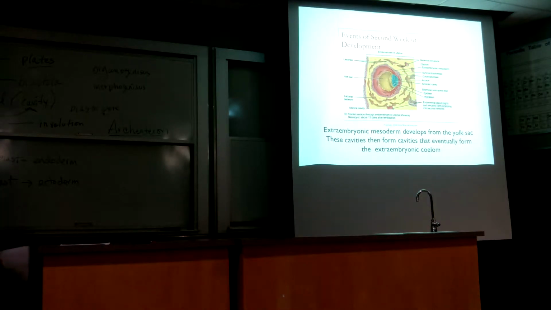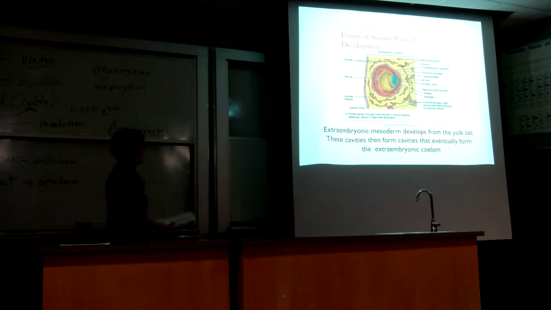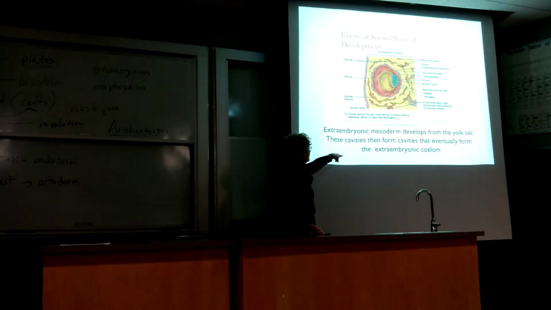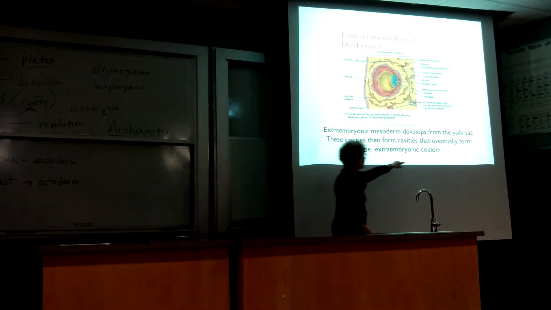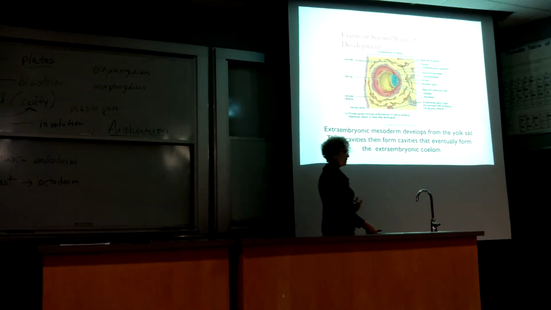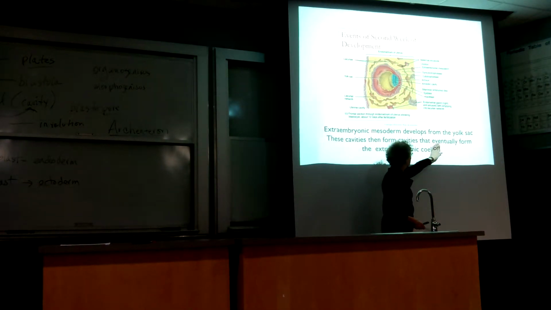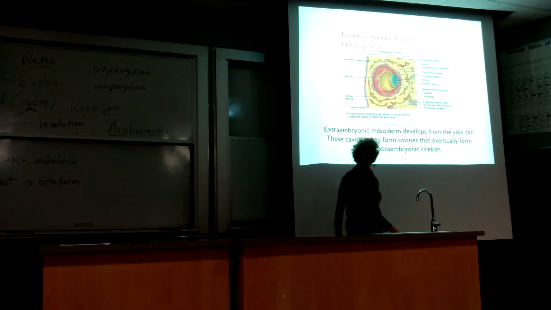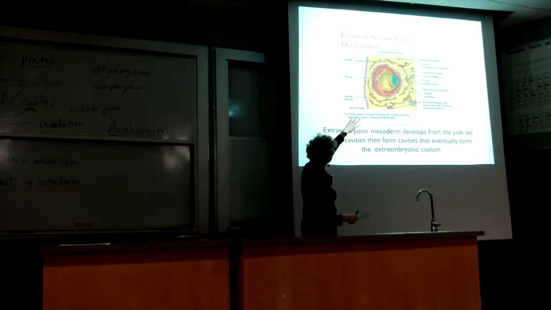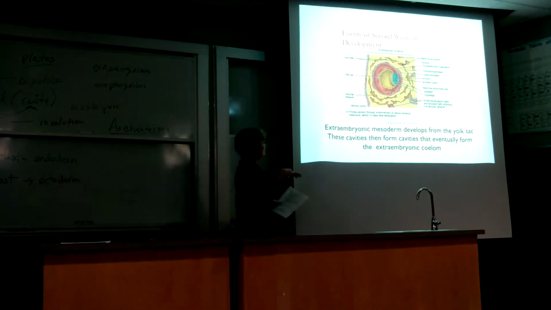And then this extra embryonic mesoderm begins to develop from the yolk sac. And then these cavities form this extra embryonic coelom. And this would be this cavity, a coelom, like he said, blastocele is a cavity, so the coelom is this cavity. And you can see, for us, the mesoderm develops a little bit later.